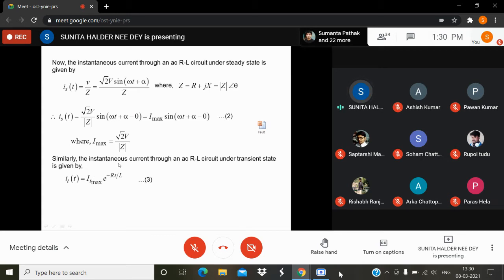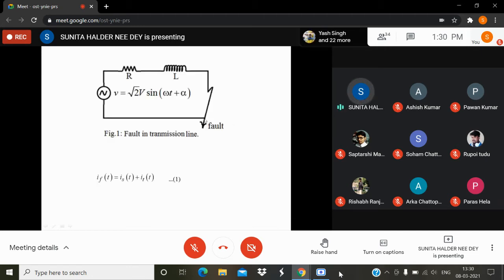Similarly, the instantaneous current through an RL circuit under transient condition. What will be the current? Under transient condition, it is I max e to the power minus Rt by L. Or we know that V by R e to the power minus Rt by L for the circuit, when that is not AC, not like power system, it is very easy. If the supply voltage is V, then it is V by R e to the power minus Rt by L. I hope you can remember.